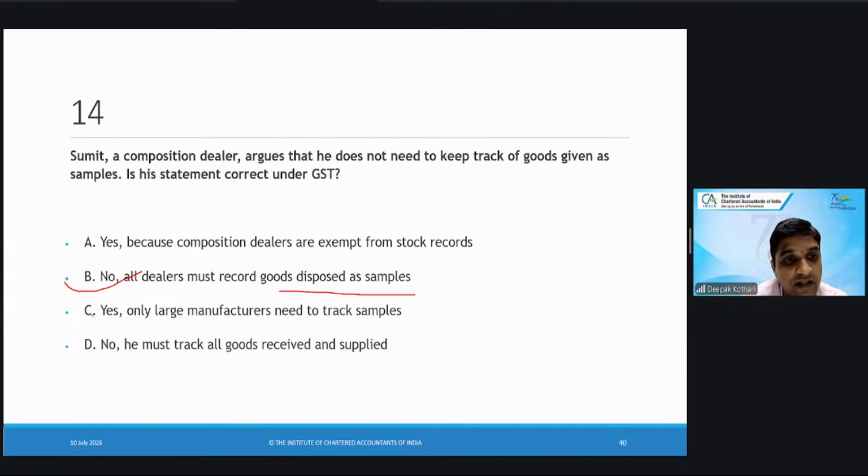A composition dealer, no, he need not keep track of records. Yes, because composition dealers are exempt from stock records. Correct? That's the correct answer then. Is not opted. So they are not required to maintain such records. So the correct answer is 14.